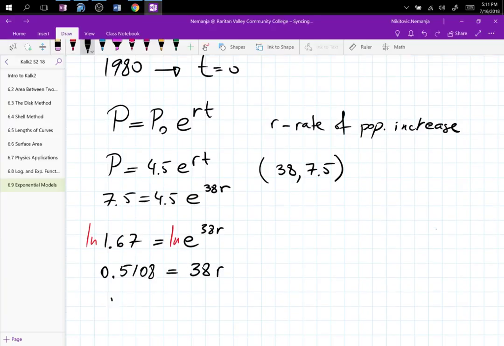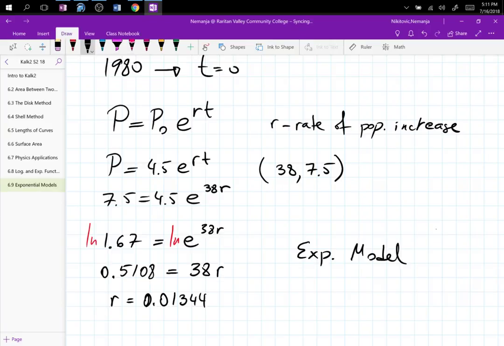So 38r, and r is equal to our number divided by 38. 0.0, and now 4 significant figures, so 1344.